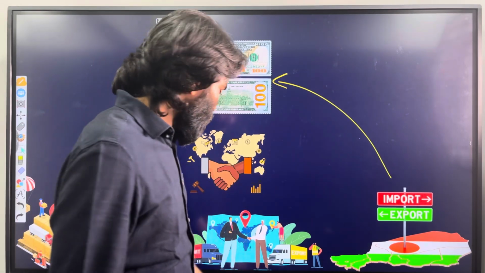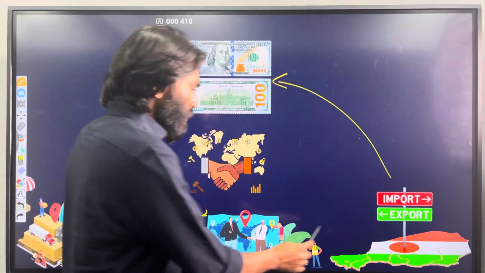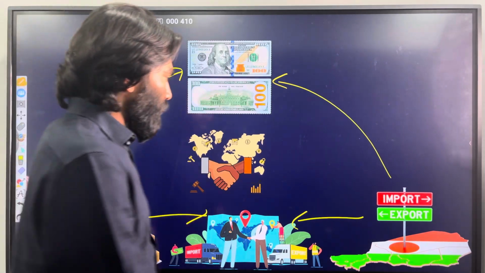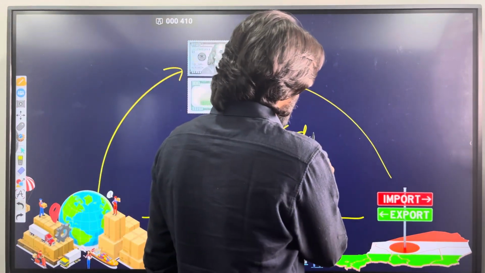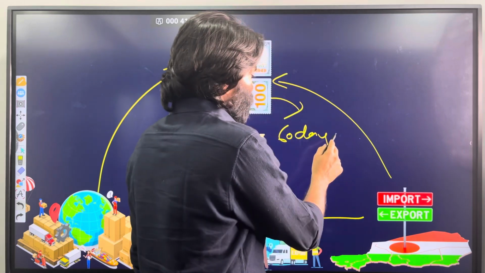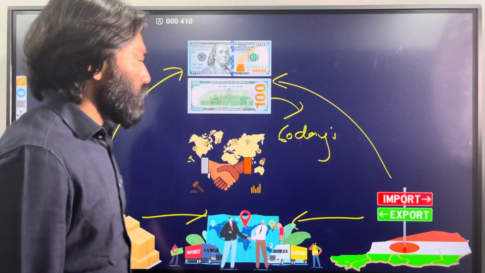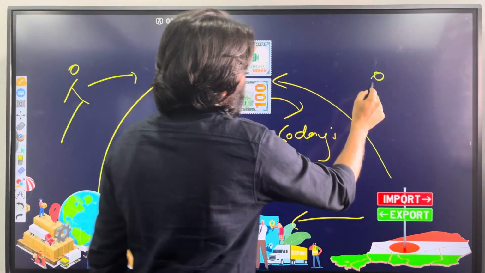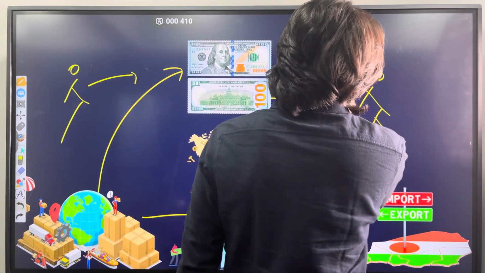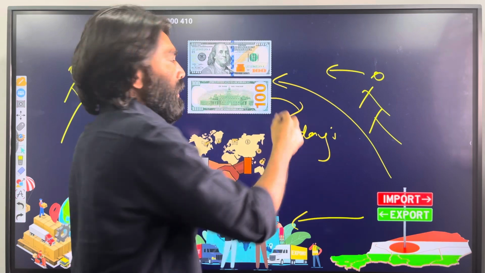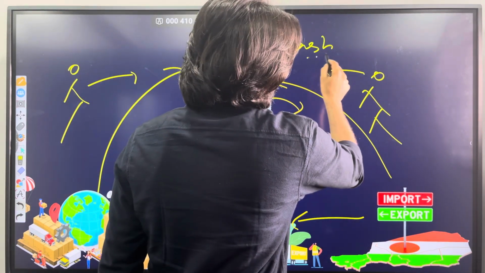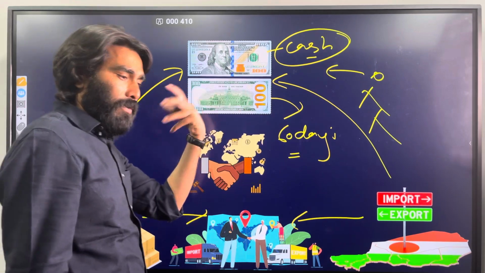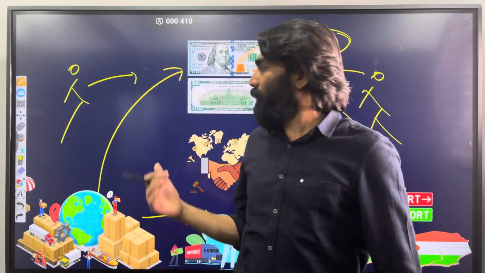But what if you have executed trades, but the counterparty says it will make payment in the next 60 days? The same cash will be received in 60 days, because let's say here is your buyer and here is your seller. Both the counterparties need cash, but as I said, cash will be received in the next 60 days. So then how can they capitalize on their commercial papers?